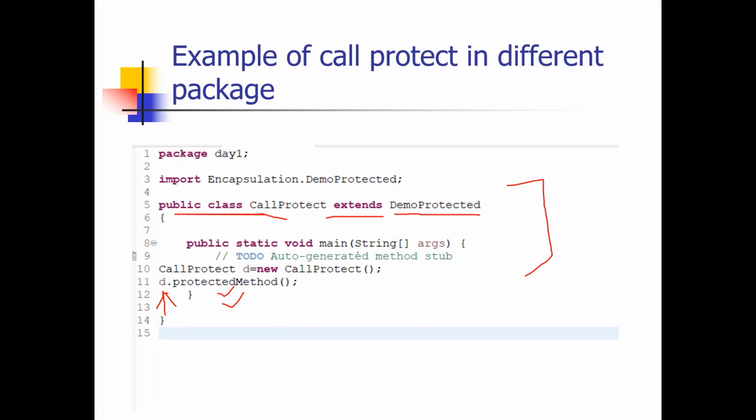So now Java will understand that the call protect class has a relation with the demo protected class. So not only in the call protect class, it will jump to the demo protected class and try to find this protected method. Okay, when it finds this method, whatever code is inside the demo protected method will execute.